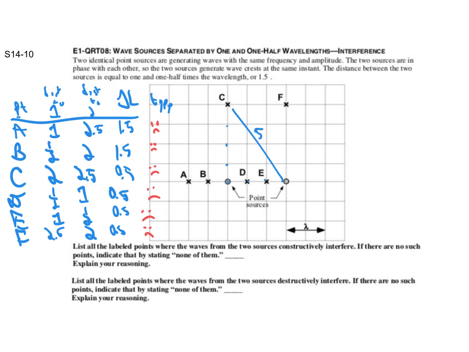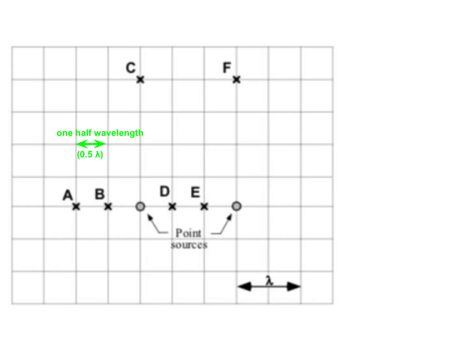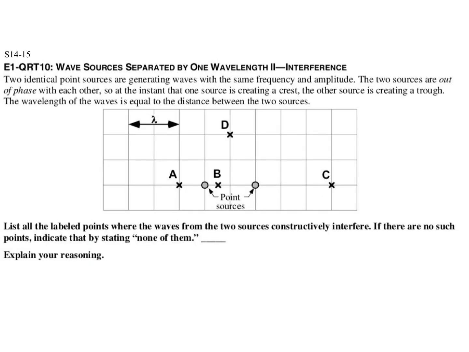But let's see. Let's see if we could rig it a little differently. What if we had somebody? No, it's not that easy to find a spot. So we're going to do the same kind of setup.